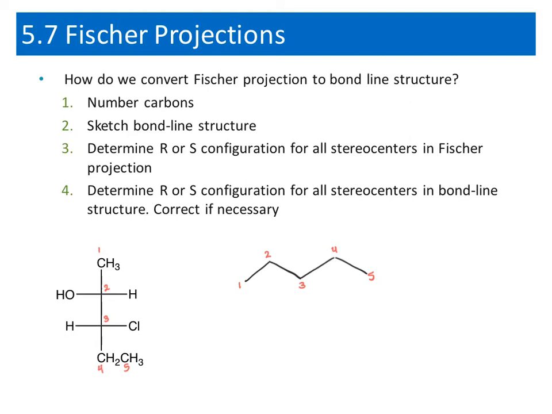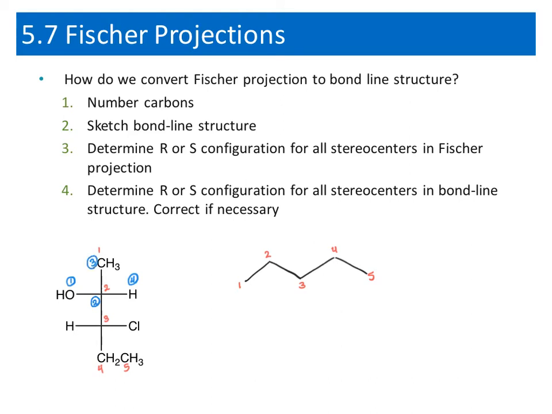So I start with carbon 2. Oxygen is number 1. Hydrogen is my lowest priority, gets number 4. Then between the methyl group and this carbon chain, the chain wins, so it is number 2 and methyl is number 3.